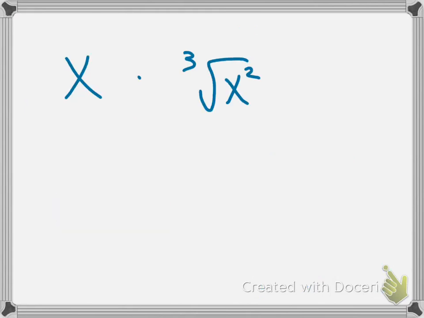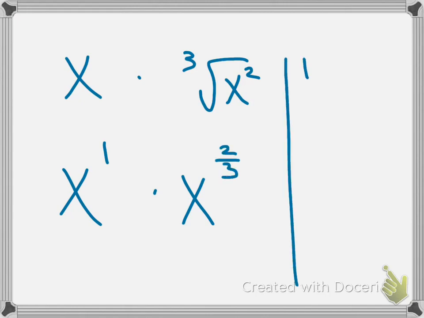Last one. All right. So we're going to have x, just plain old x, and that's really to the first power. So don't forget that, because if you have one with nothing, that won't tell you what to add. This is going to be x to the what? 2/3. So 2/3. But x to the first power would really be 1/1, right? Yes. Okay.